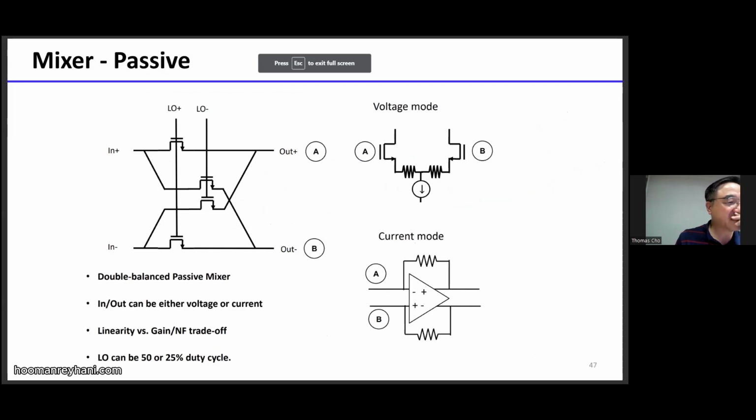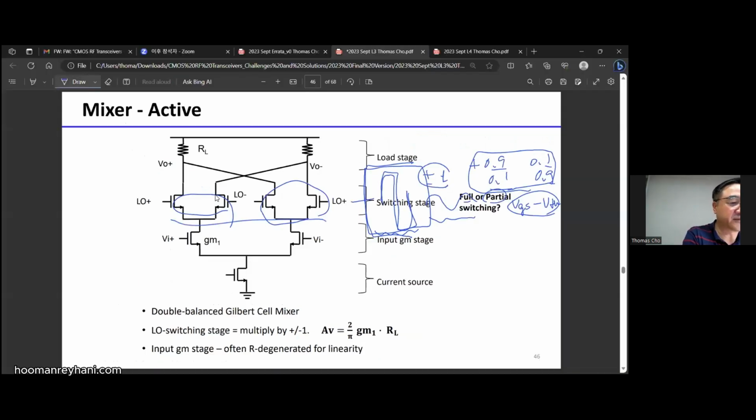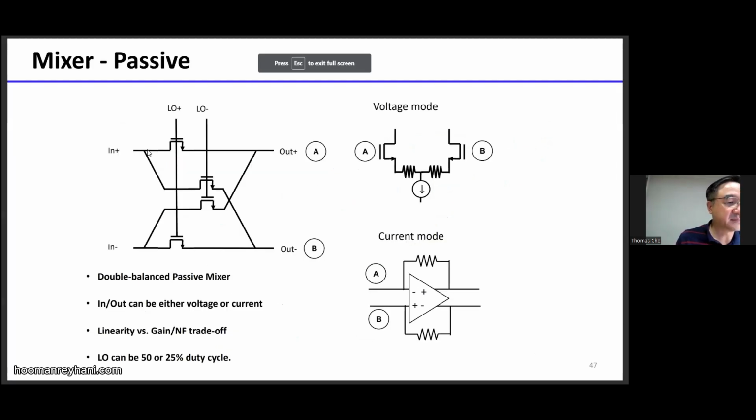Okay, this is a passive mixer. Basically, you go to the active mixer, and if you take these four transistors and put them sideways, with the inputs and outputs like this, then this is a passive mixer.